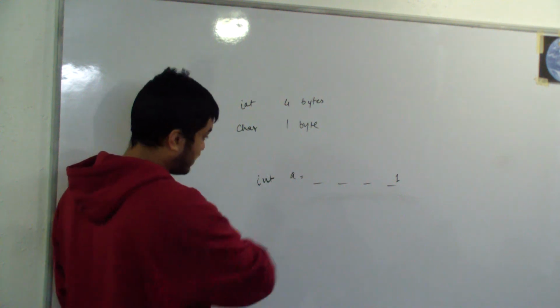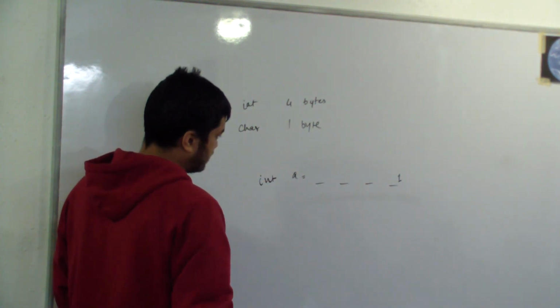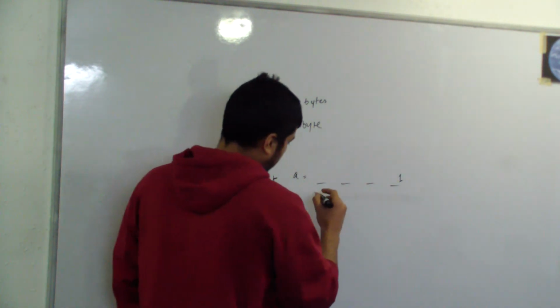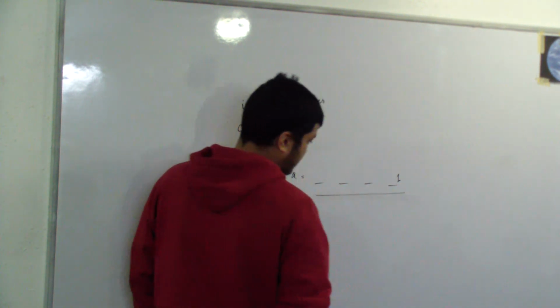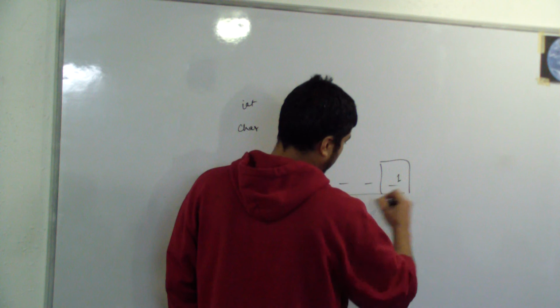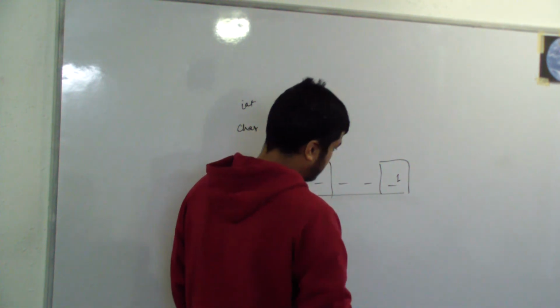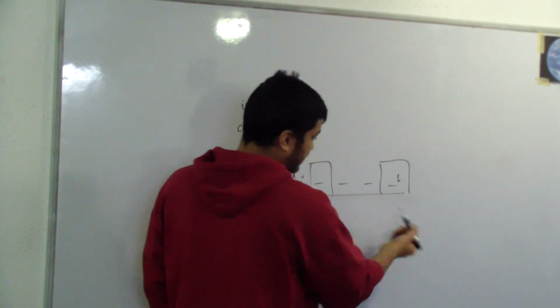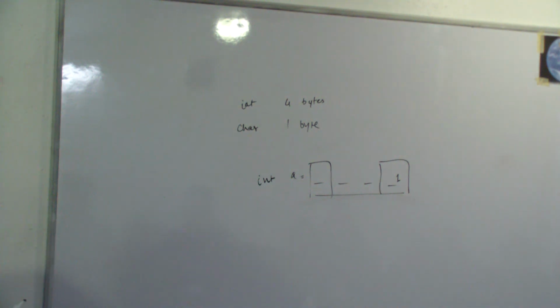I'm not writing all the zeros. Now, if for the same integer you were to take one character at the end of it or at the beginning of it, will you know if it is little endian or big endian? Yes. One character.